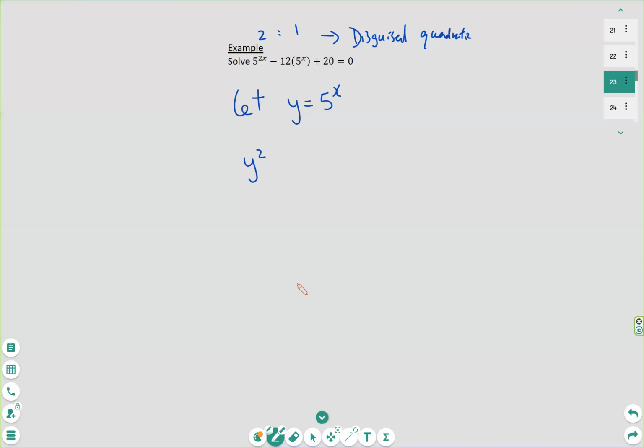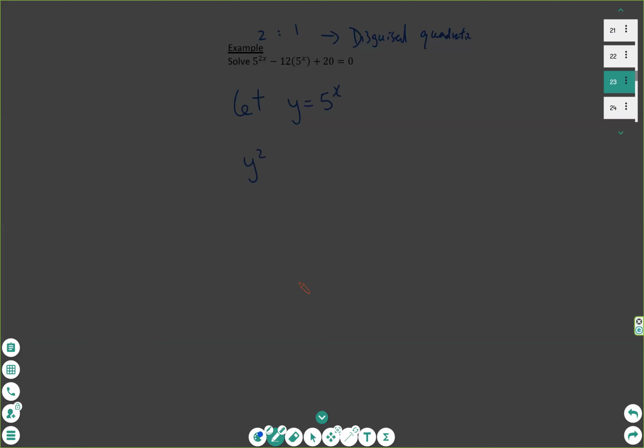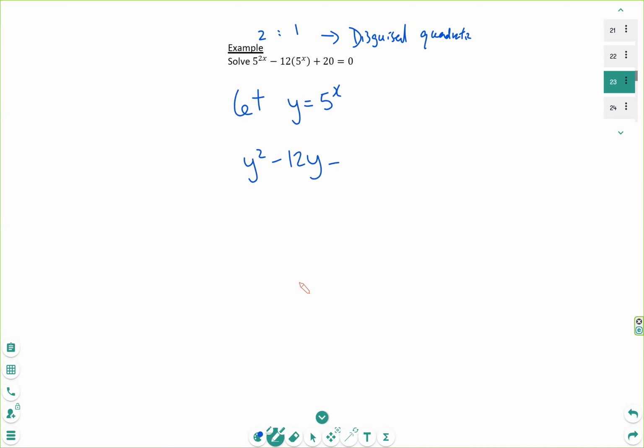But anyway, let me finish this line. So y squared minus 12y plus 20 equals 0. Where does the y squared come from? Think about this: 5 to the power of 2x is the same as 5 to the power of x, squared, right? 5 to the power of x is y, therefore it's y squared.